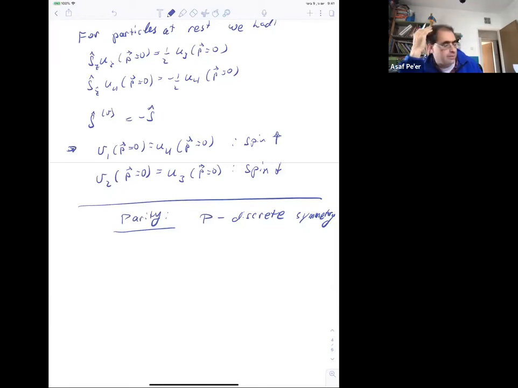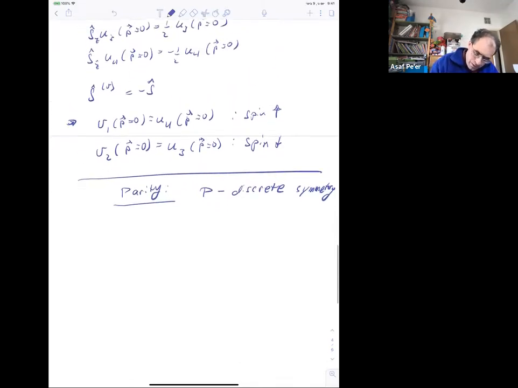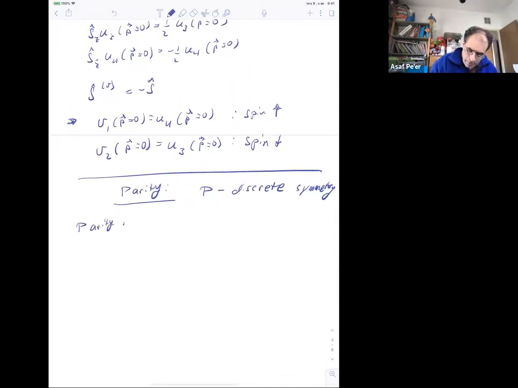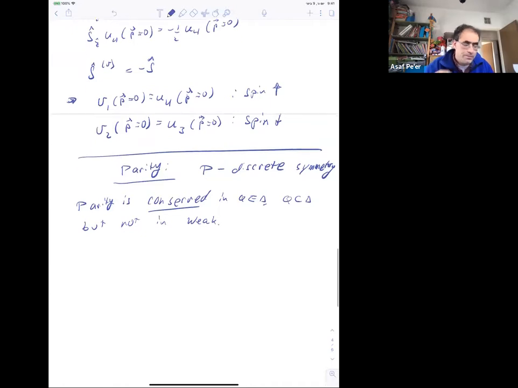We have to do the parity transformation properties of the Dirac spinors, which I want to do now. And I want to identify the corresponding parity operator that acts on the solutions of the Dirac equation.